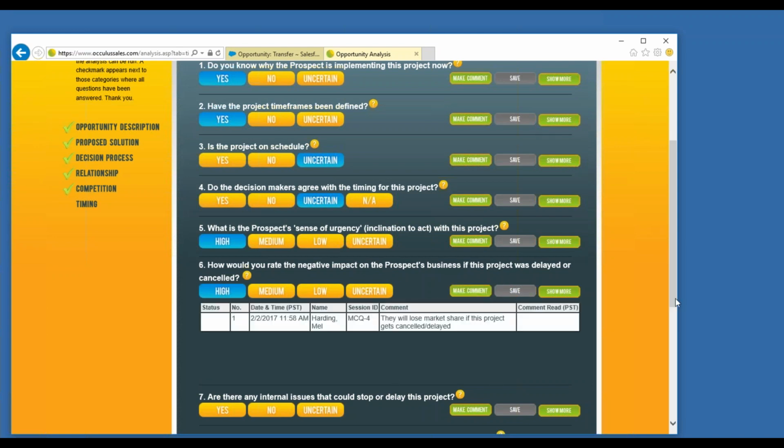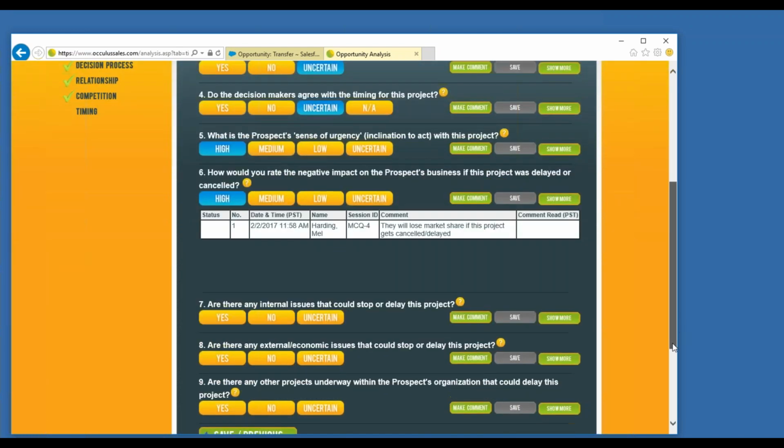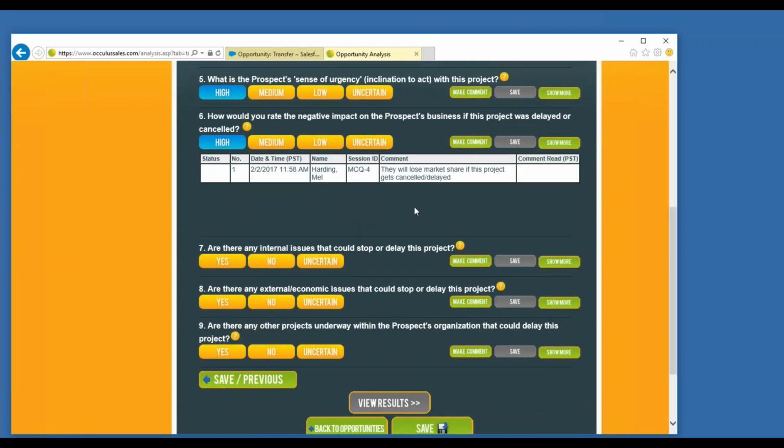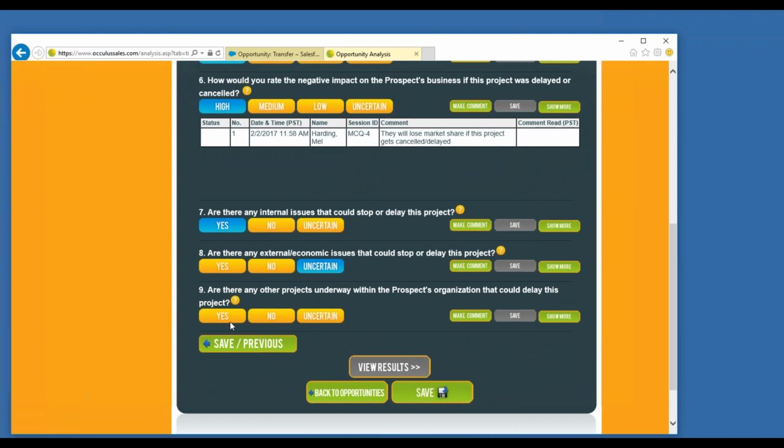All right, so here, are there any internal issues that could stop this project? No, I spoke to Linda about that. Are there any external economic issues that could stop this project? That I don't know, but I doubt it. And there are other projects underway within the company, of course, but nothing that's going to get in the way of this.